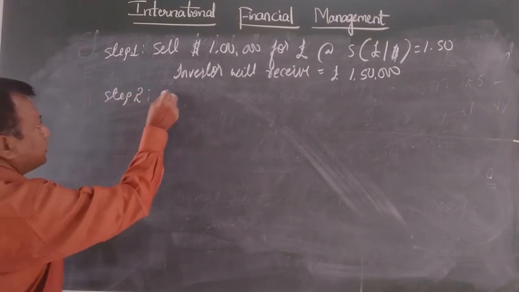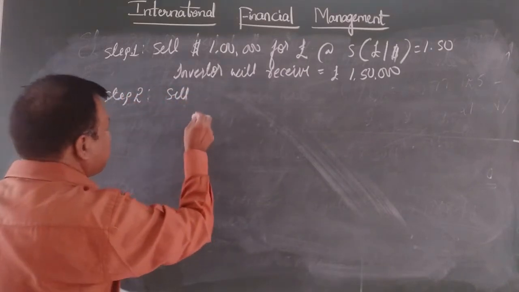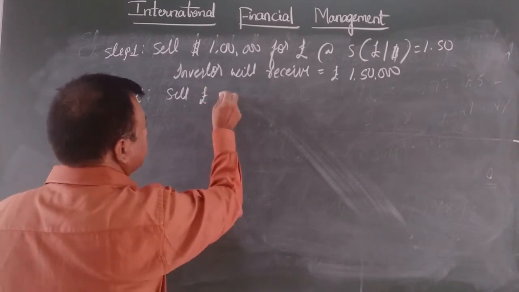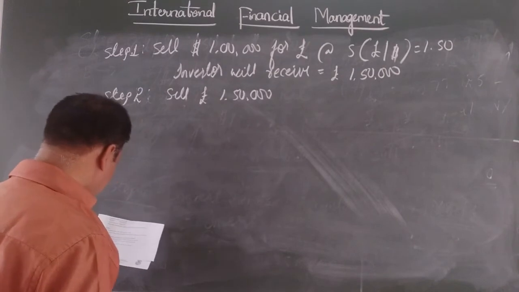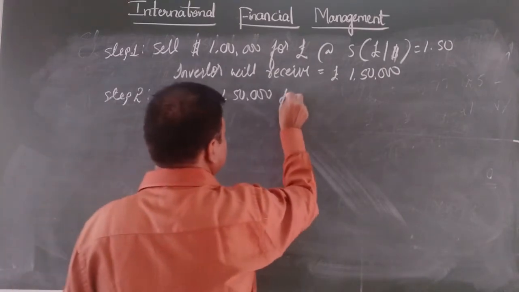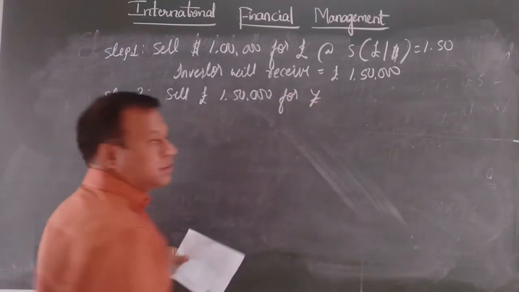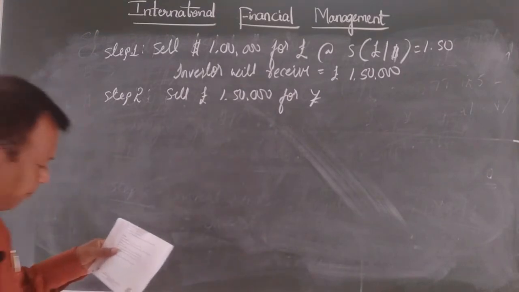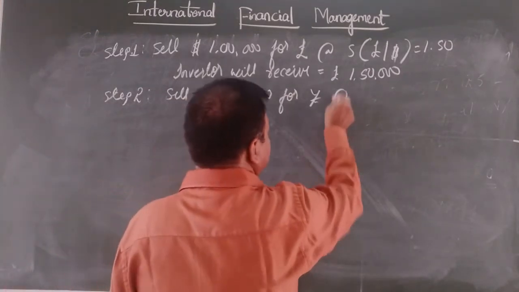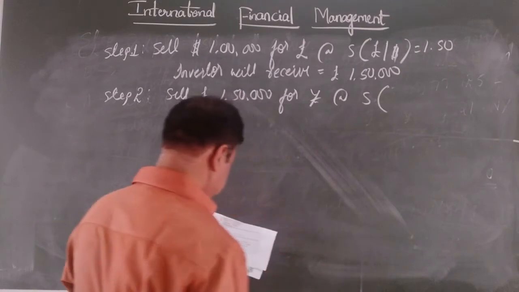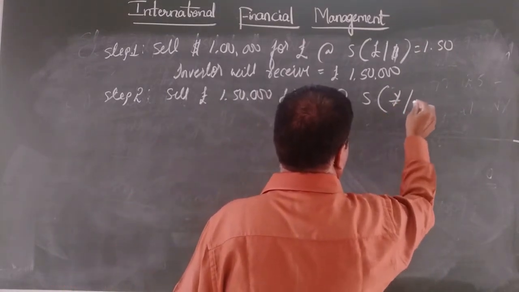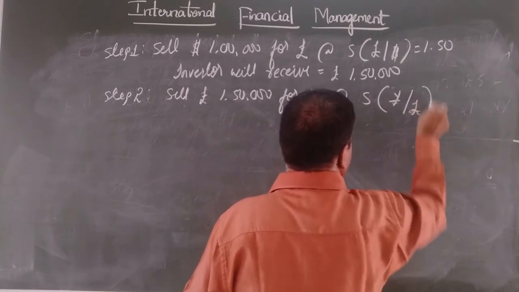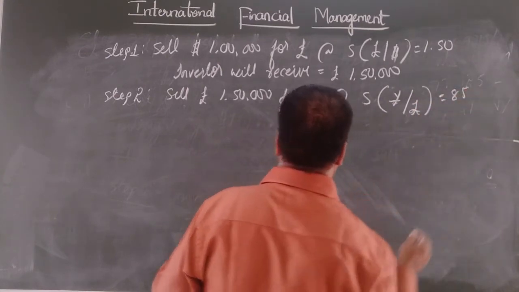And in step 2, sell pound 1,50,000 for yen at the spot rate of yen by pound, 85.